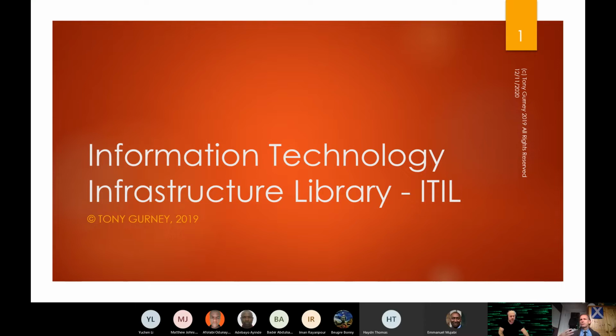So all of these things try and place what we are doing within that relationship to make sure that what we are doing actually serves the business that we're in. So ITIL tries to do that. It tries to look at our IT infrastructure and try and understand how well that serves the business and what we can do to make it better.